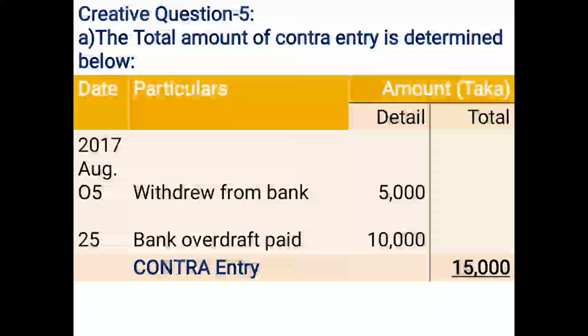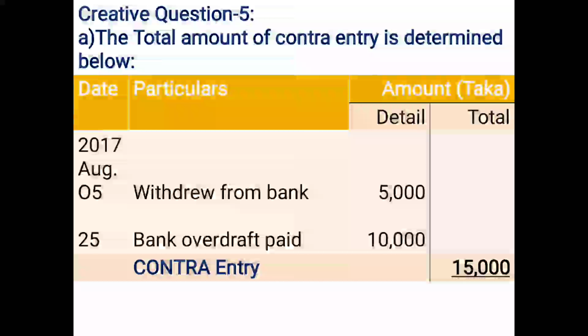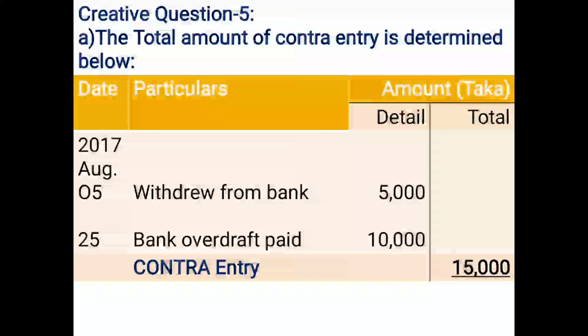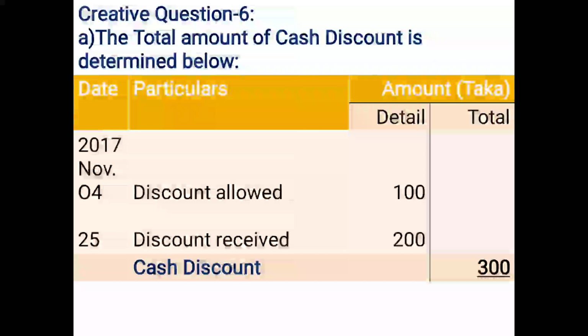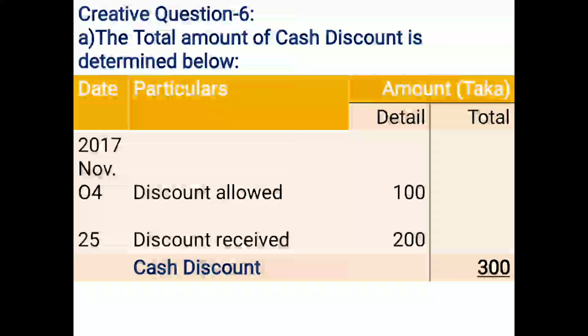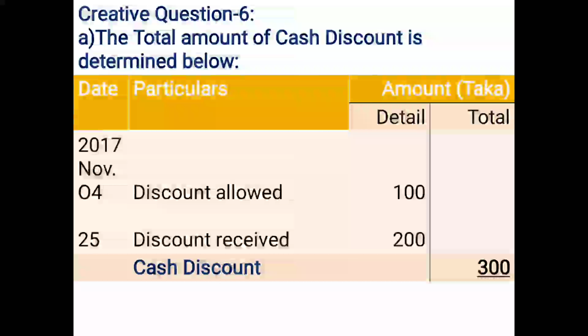Dear learners, now we can go for requirement A for the question of 6, that is creative question number 6 from your textbook. Determine the amount of cash discount. Now you can write the total amount of cash discount determined below. Same format is available: date, particulars, amount taka detail, amount taka total.